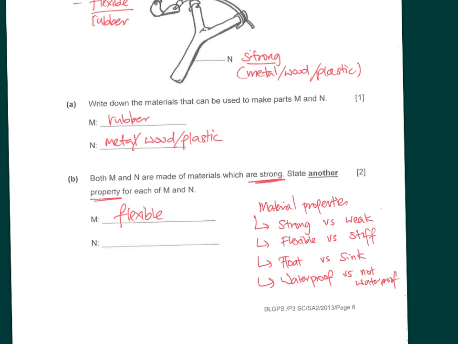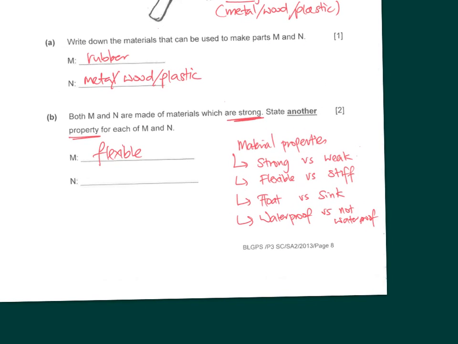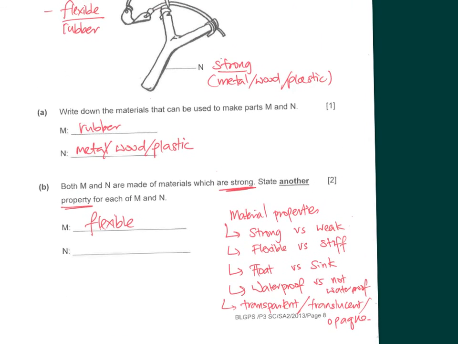And lastly, transparent, or if it's not, we can say translucent or opaque. So these are the properties that we talk about. We need to think of one that is suitable for us to fill it in.